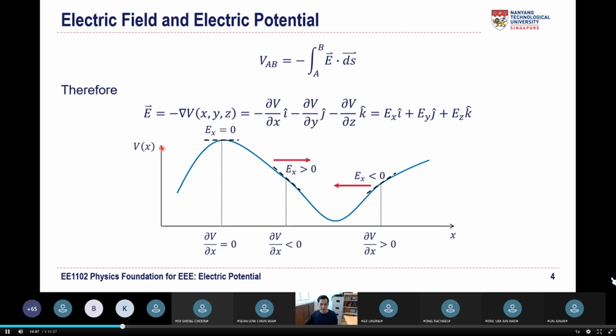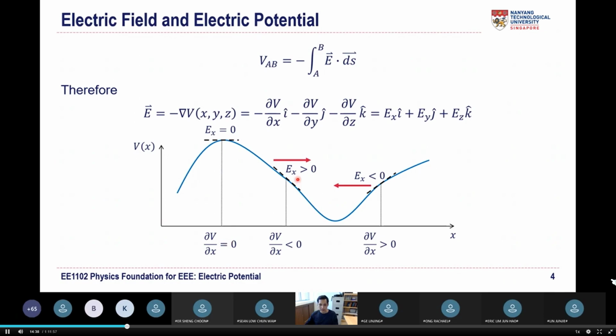So in this case, V is only a function of x. When V only changes with x, V doesn't change with y or z, so we just need to take the derivative with respect to x. When you do that, you can see that at this point the electric field is going to be zero, because this is where the derivative goes to zero.